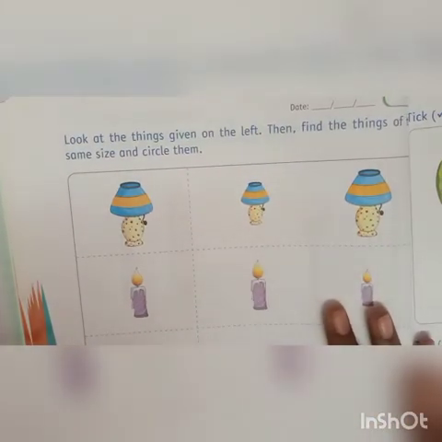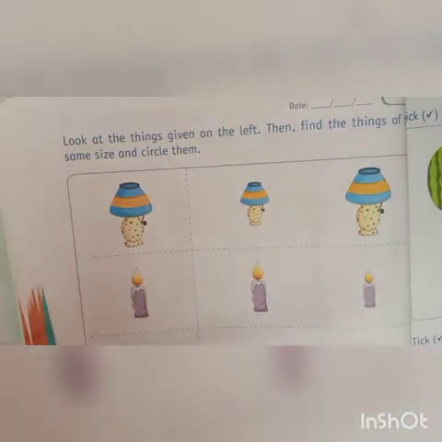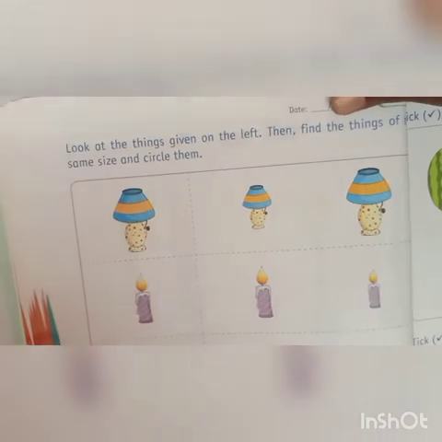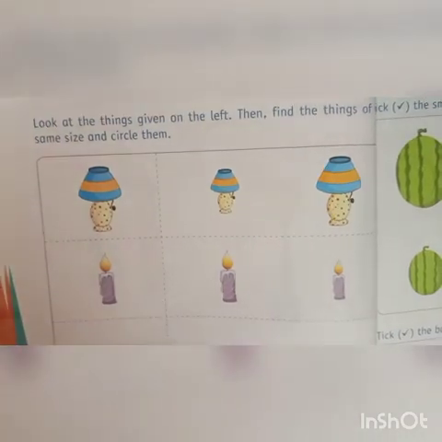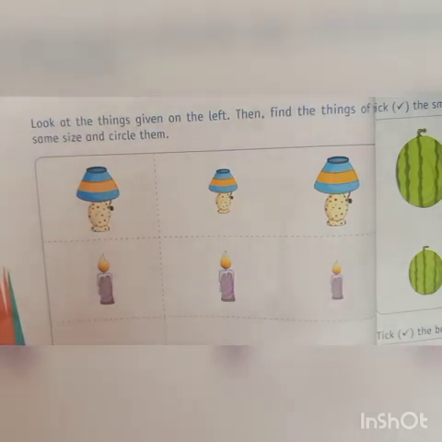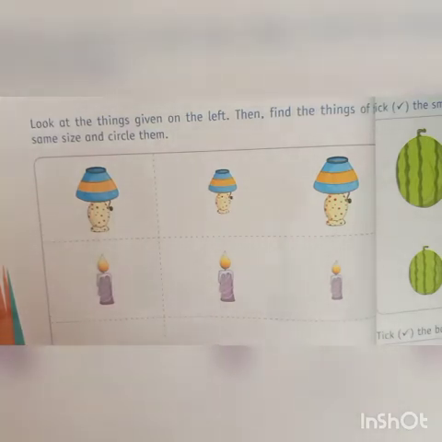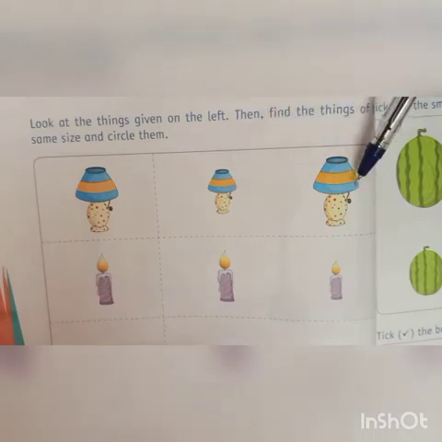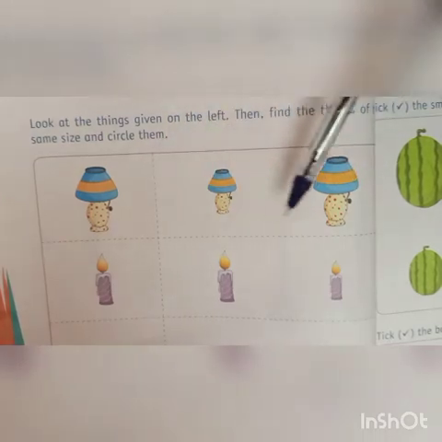Now look at the things given on the left. Then find the things of the same size and circle them. So can you see on your left hand side there are pictures given here, and in the same row you have to check if there is a picture of a same size. Can you recognize the size? Yes, we can recognize it, right? Because this one is small picture and this is a big, and it is a similar size.